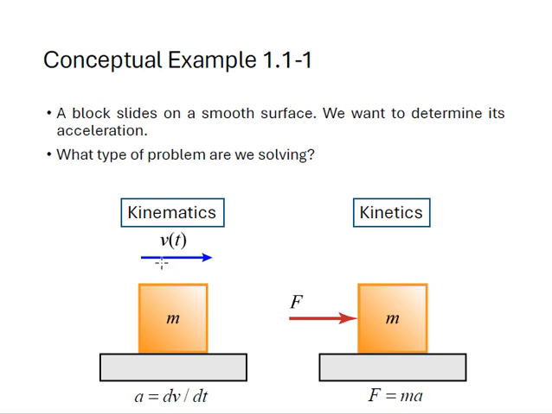What does it mean, velocity as a function of time? It shows you how the speed of this block and the direction of that block change as time passes. You're looking at the velocity against time.